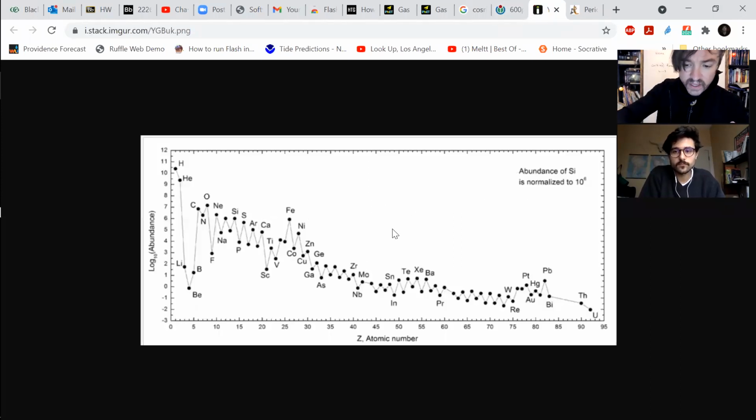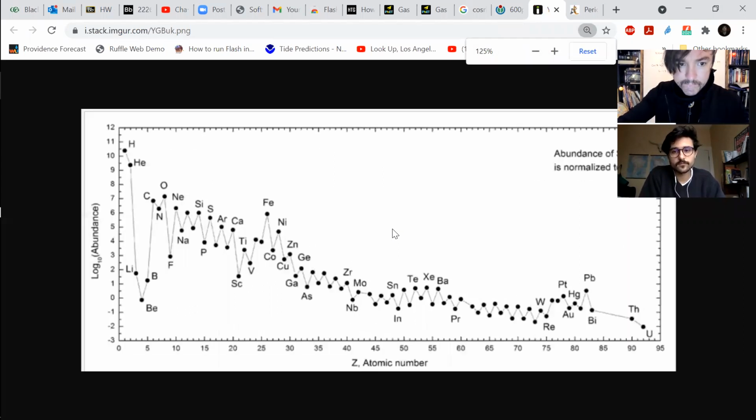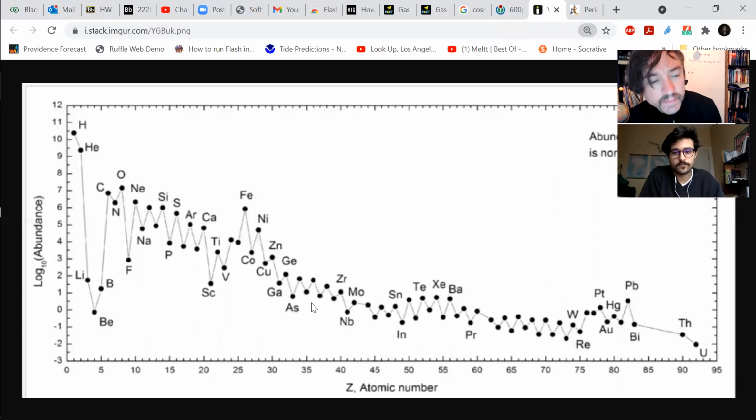So obviously, if the majority of the interstellar medium, where stars come from, has roughly the same composition as the sun, hydrogen and helium are clearly the most abundant elements in nature. And this graph is actually a logarithmic graph.